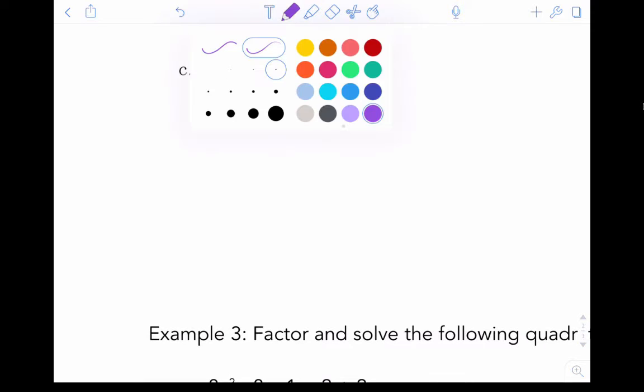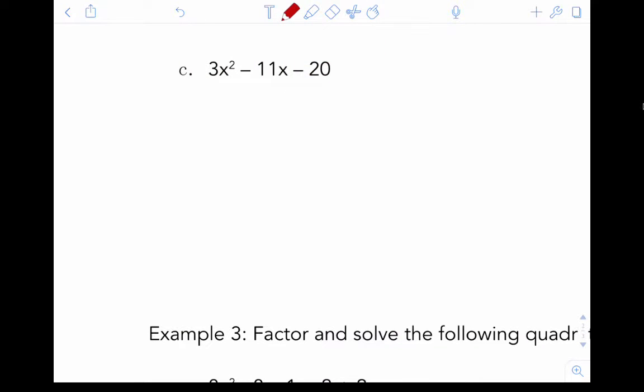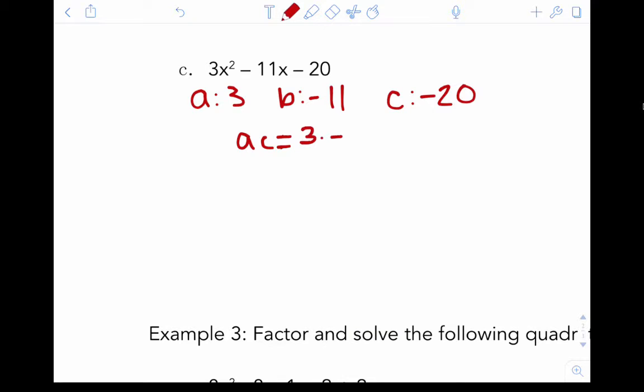So for this next problem, my A is 3, my B is negative 11, my C is negative 20, and so my AC is 3 times negative 20, which is negative 60.